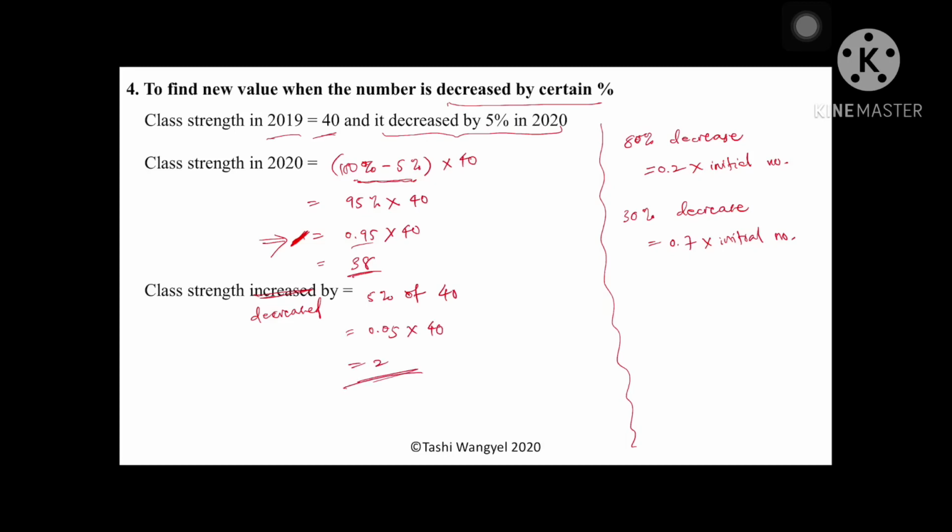In the direct method, for an 80% decrease, 100 minus 80 leaves 20, and 20% means 20 by 100, which is 0.2.